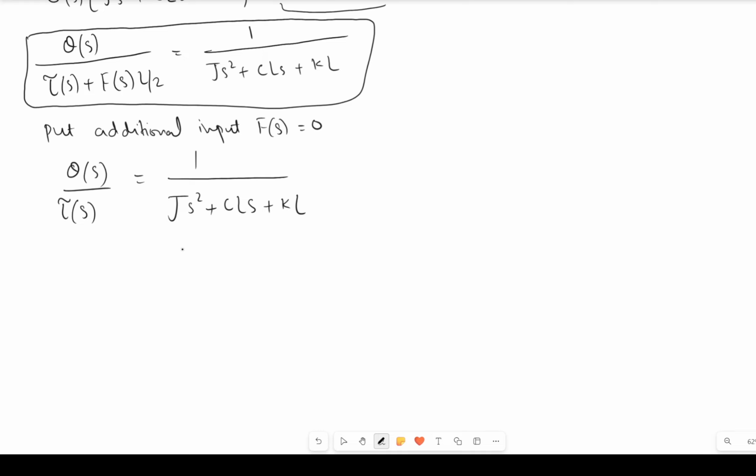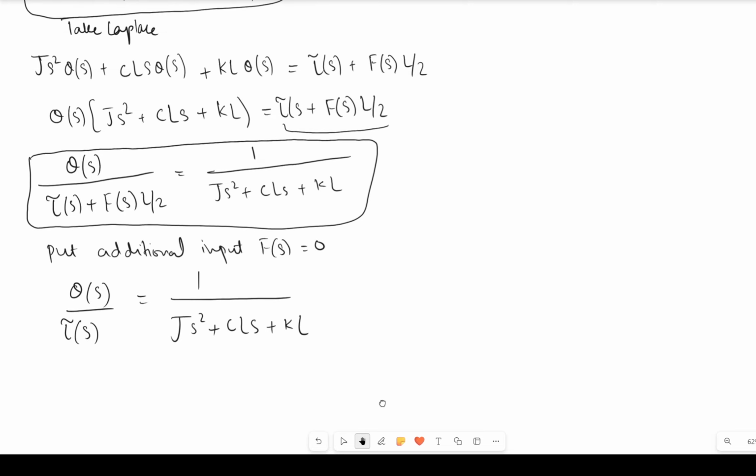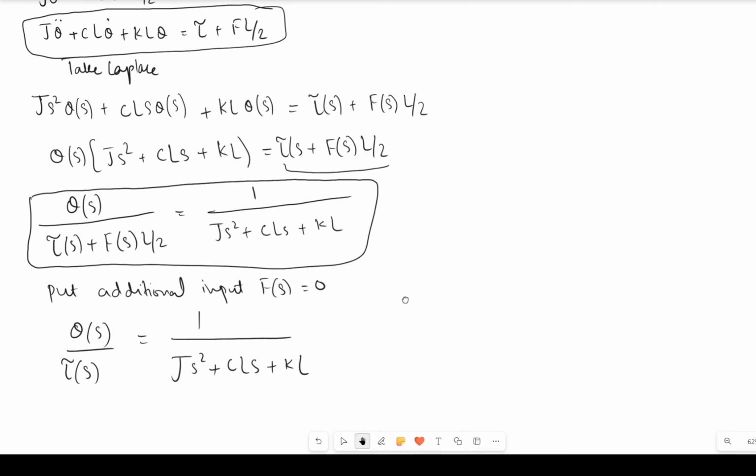Now if we are required to find the block diagram of this, what we need to do is look at the equation that we obtained here. We'll get the theta double dot from this equation. We will keep this thing here, J theta double dot, equal to tau plus f L by 2 minus CL theta dot minus KL theta.